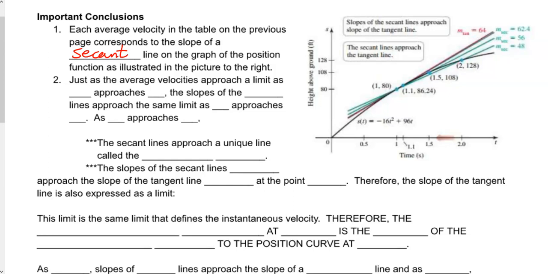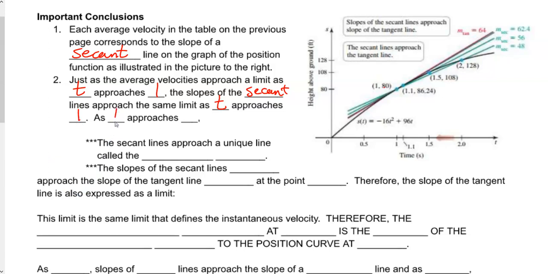So if you saw what we did here, we did 1, we did 1.1, 1.5, and so here are all those slopes that we saw within those lines. Just as the average velocities approach a limit as t approaches 1, the slopes of the secant lines approach the same limit as t approaches 1.